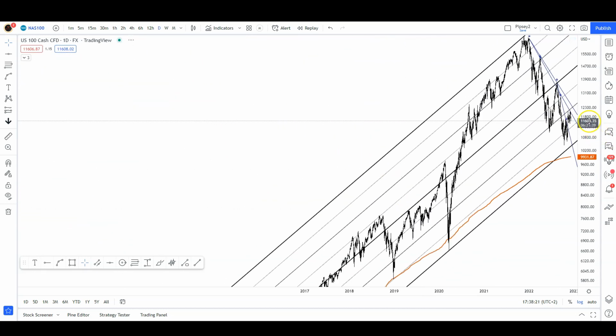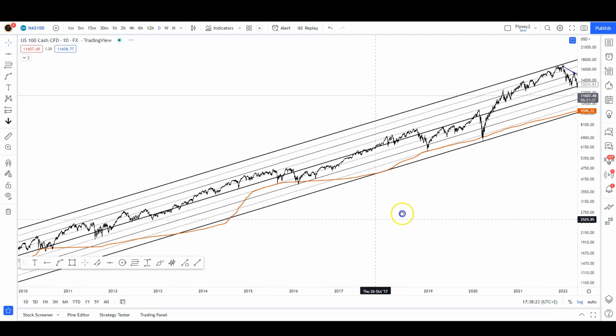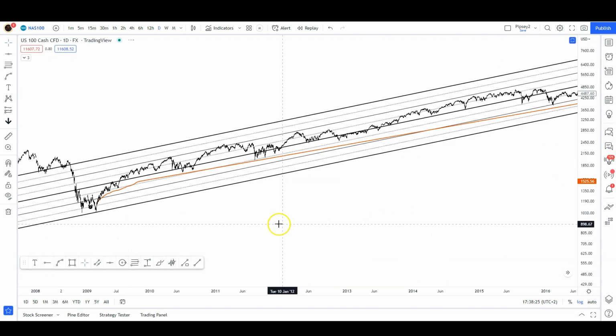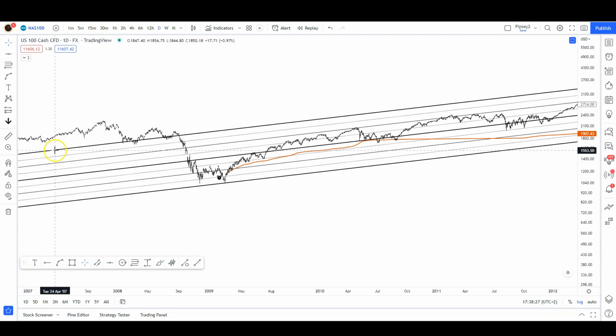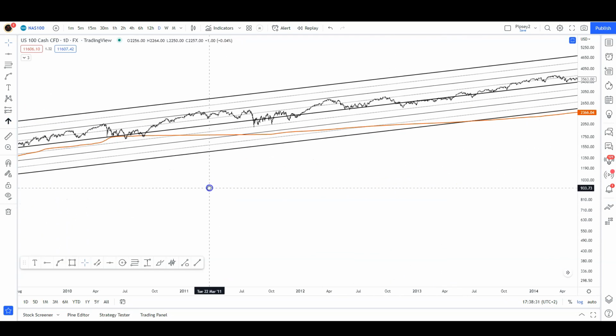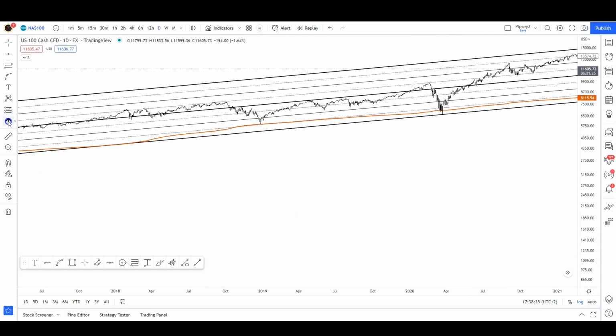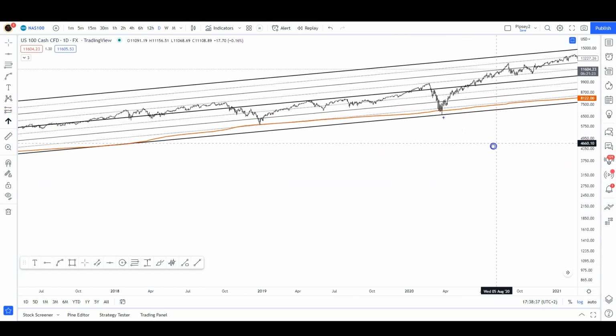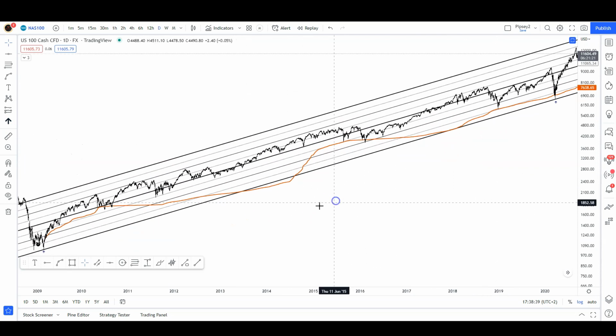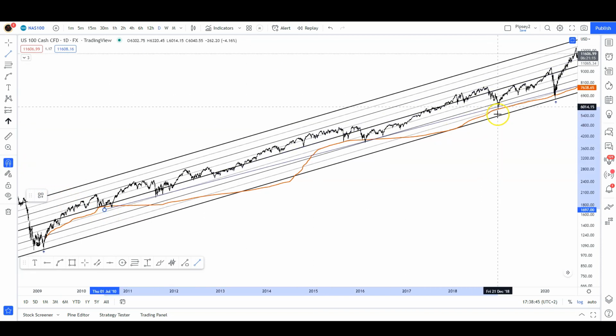Then we have major support at the bottom of this trend line, support, right? I also mentioned, I'm just going to go over it quick. If you guys want a detailed analysis, go back to that video.